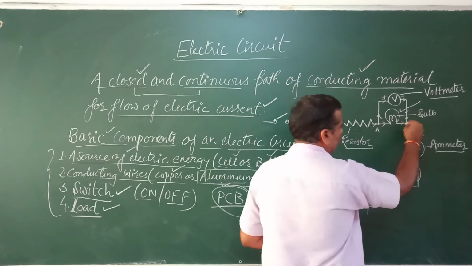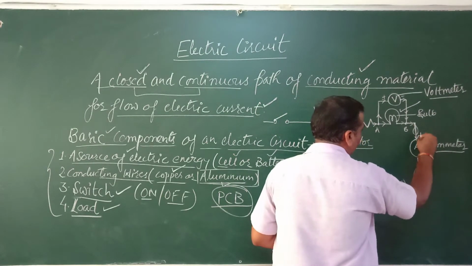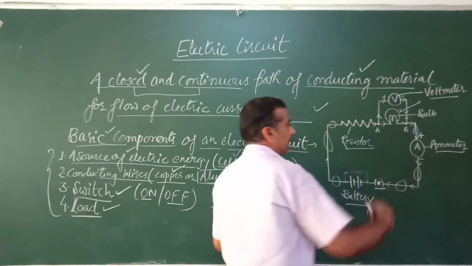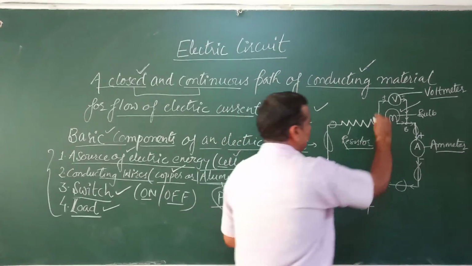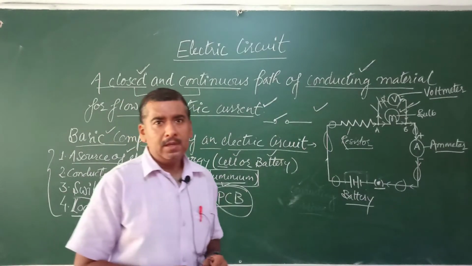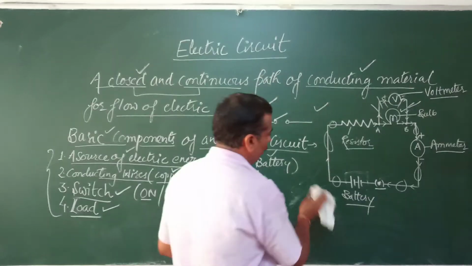You can see here there is only a single path for flow of current. When there is only a single path for flow of current, it is known as series combination, right. So this circuit basically gets completed and therefore this bulb starts glowing. So this is how a simple electric circuit looks like.